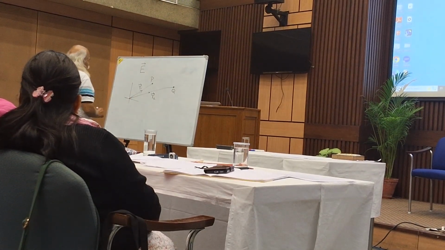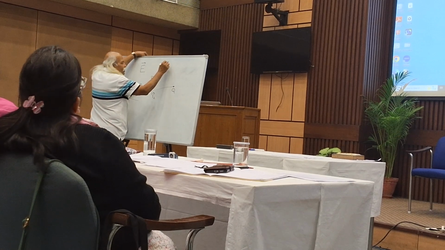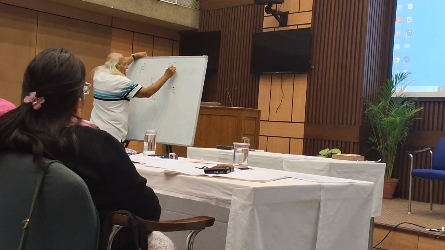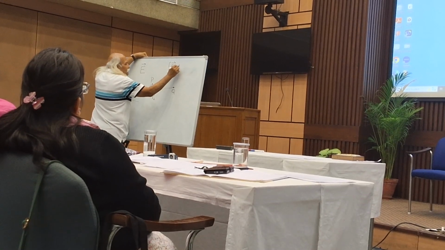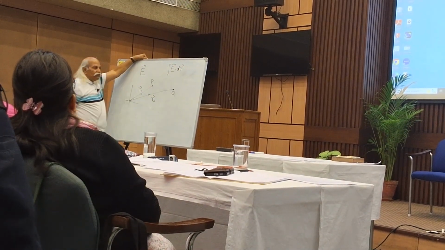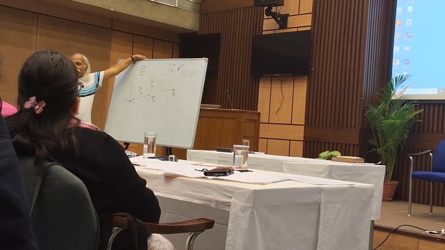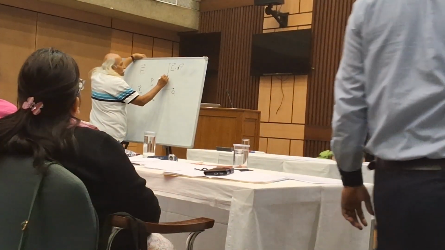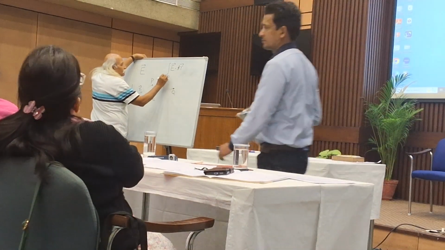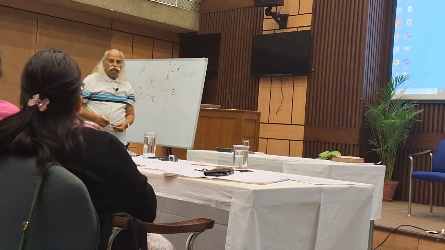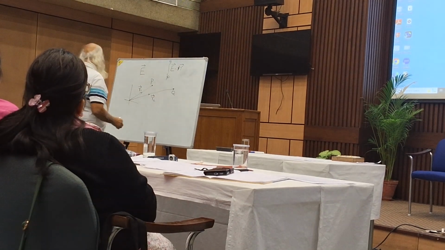Now, if I construct a quantity, the integration of E dot dr, I don't know whether I am going above the standard. If I construct the quantity E dot dr from P to Q, what does it mean?